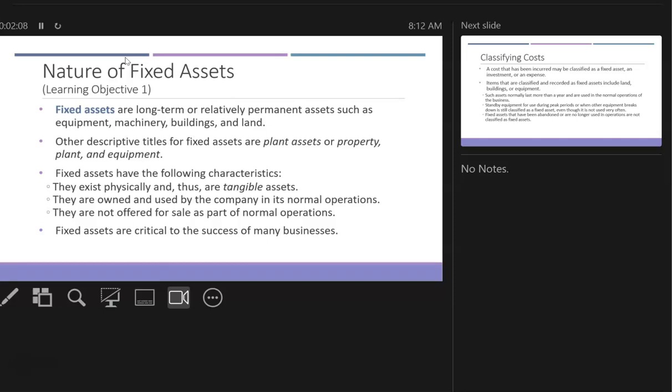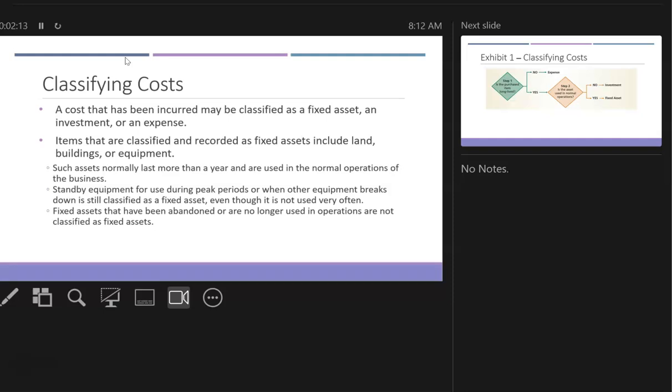Fixed assets are needed for many businesses. A cost that has been incurred can be classified as a fixed asset. It could be classified as an investment, or it could be classified as an expense. Items are classified as fixed assets, such as land, buildings, or equipment.